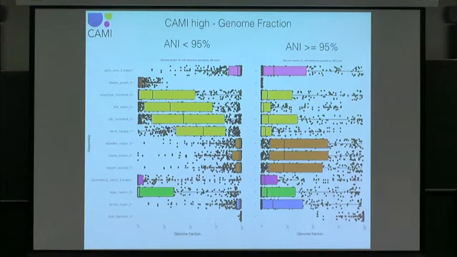So these are the unique genomes, where each genome doesn't have any other genome in the data set which is more than 95% identical, right? And you can see a clear effect here on these strains. Basically, it means whenever you have a closely related genome in there, the assembly breaks, right?